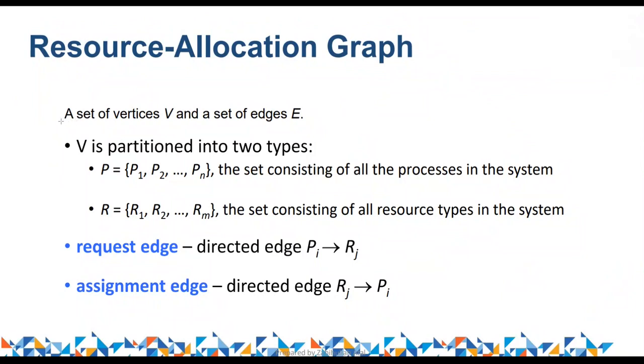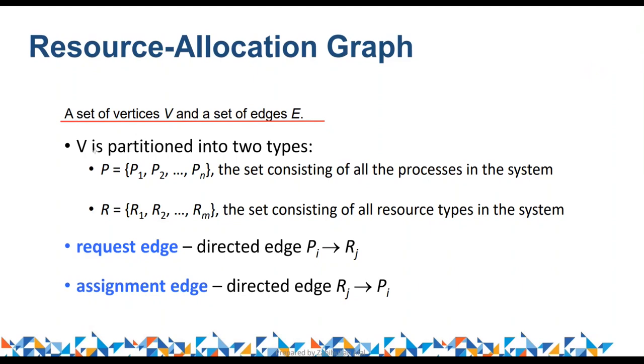You know, dear students, a set of vertices V and a set of edges E. Our computer consists of this. It means that in our computer such a situation will always be there, because our computer consists of some processes, some resources, and those processes will make requests to utilize those resources, and the operating system will allocate those resources. So because of that, a set of vertices V and a set of edges will be there, and we will represent them with the help of a graph.